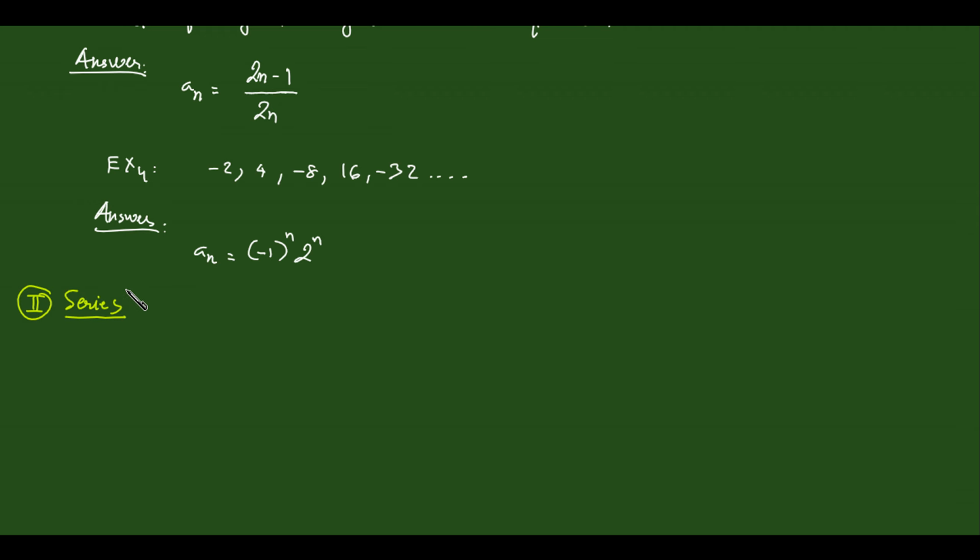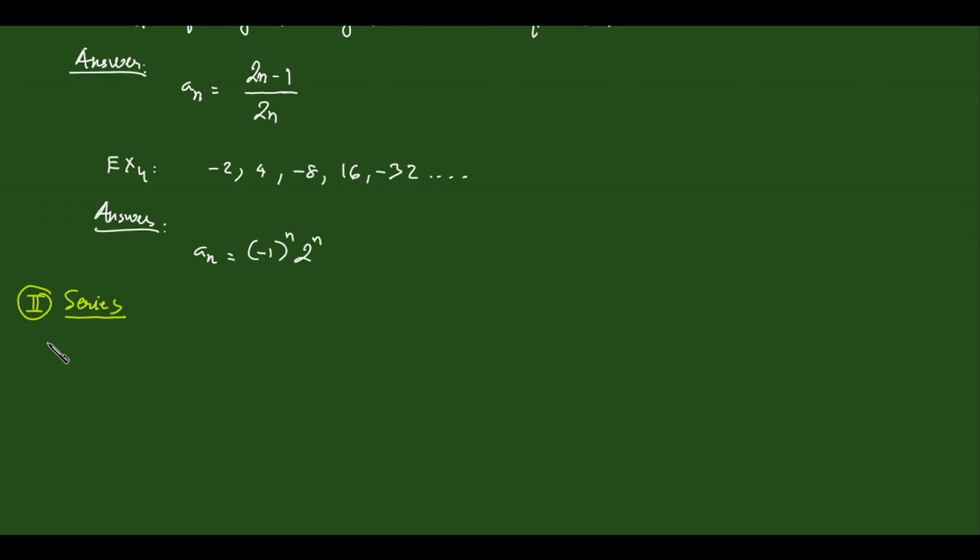So we know that the sequence is nothing but a set, but that set must follow a certain rule, right? Series is nothing but the summation of all the terms. Okay, it's the summation of all the terms.